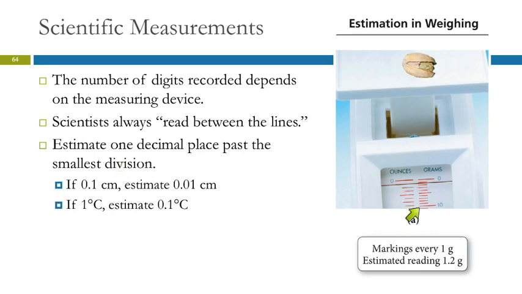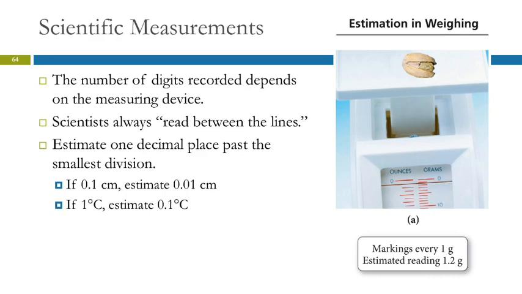So in this balance, we're going to ignore ounces because that's English, and we're in chemistry class, so we're going to look at the grams. We're going to look at the scale and ask ourselves, what does each of those smallest divisions represent? Each line represents 1 gram. The 0 is labeled, the 10 is labeled, but each individual line is 1 gram.